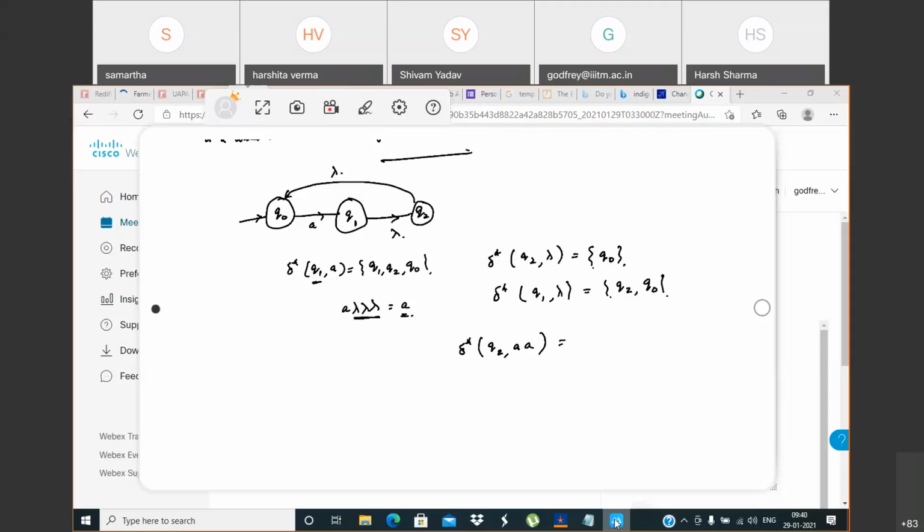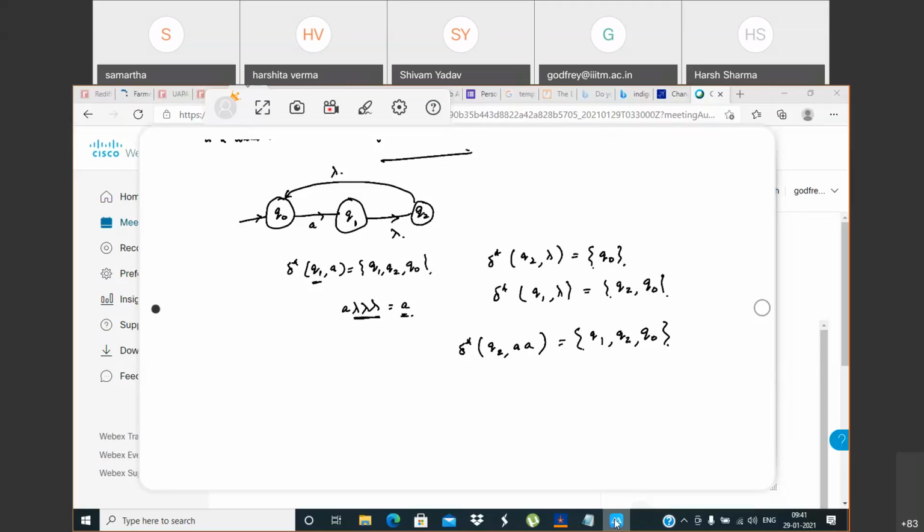So on reading two times A, I will be able to reach Q1, Q2, and Q0.